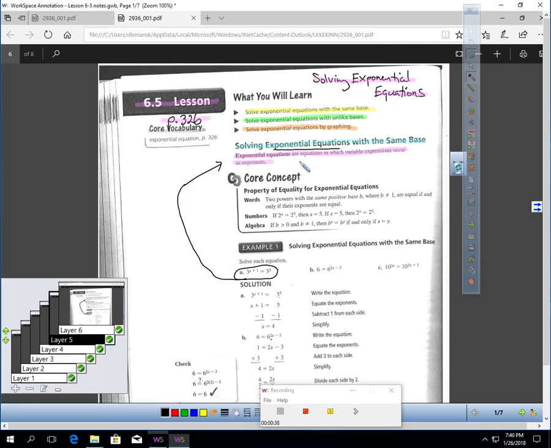So what does that mean when we have equations in which variable expressions occur as exponents? Well, here would be an example of that. You can see we have an equation, but our variables are in the exponents. That's maybe another way to think about that. It's an equation that has variables in the exponents. That's an exponential equation. Okay? So we're going to learn how to solve those types of equations when we have the same base first.